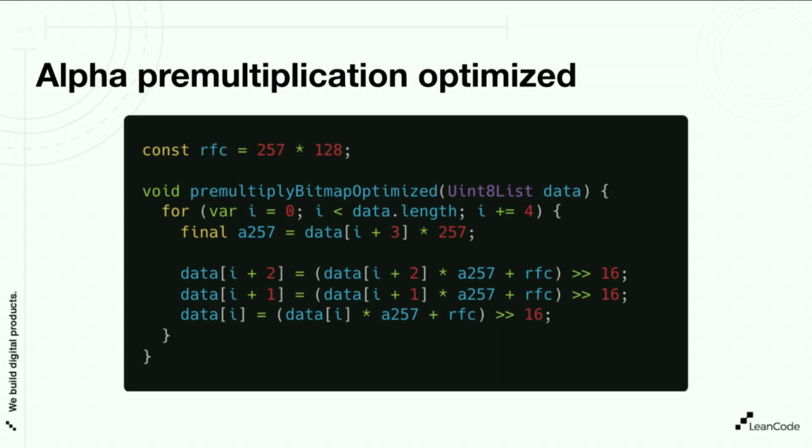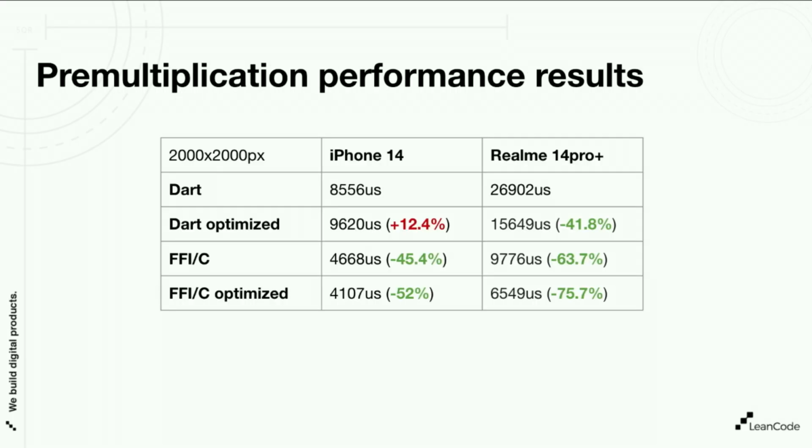So in theory, at least it should be faster, but in practice, it's not always faster. On iOS, we are actually losing some performance by using this optimized version. However, on the Android side, it does provide significant performance improvement. So the takeaway is you have to measure things because the results aren't always what you would expect.